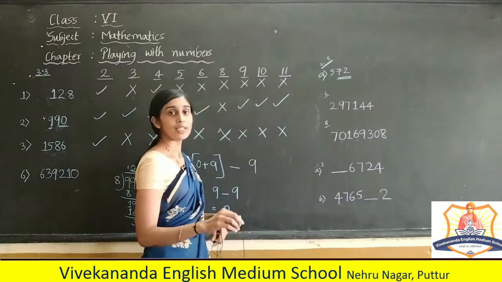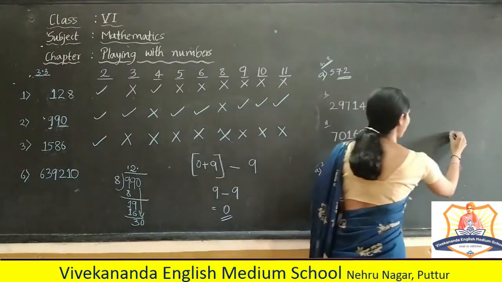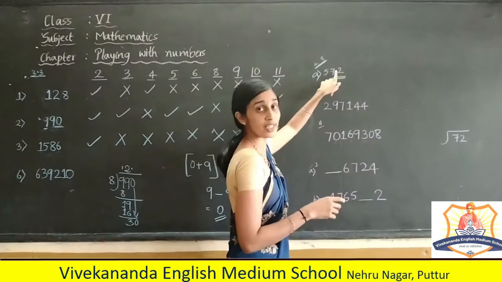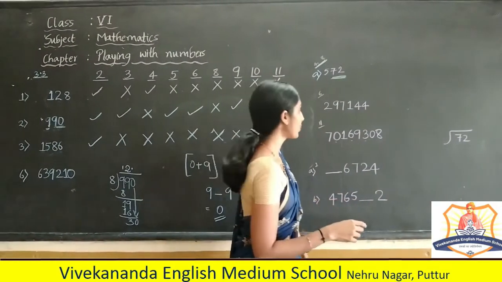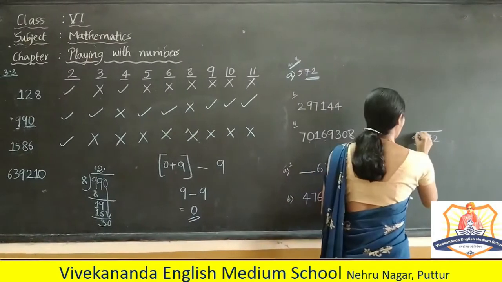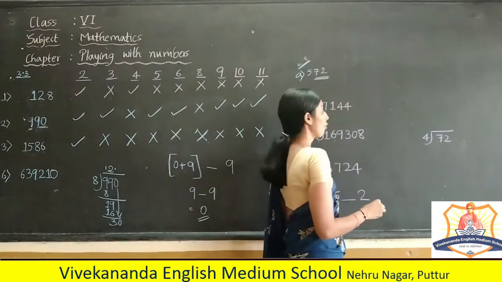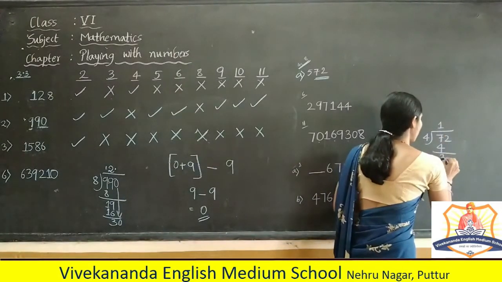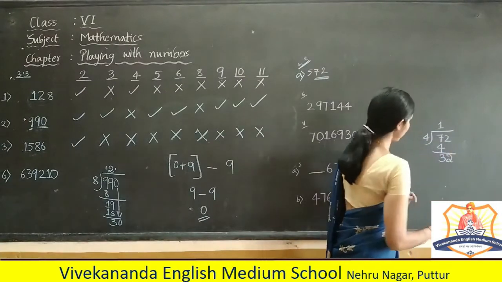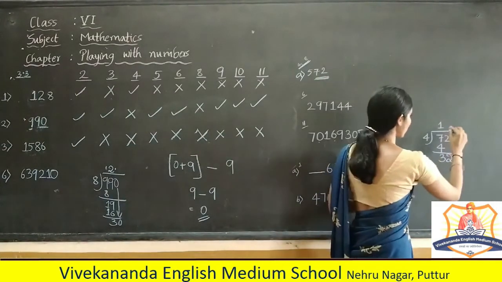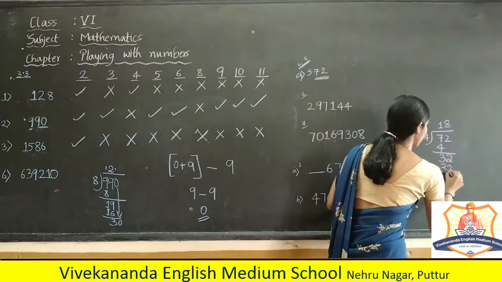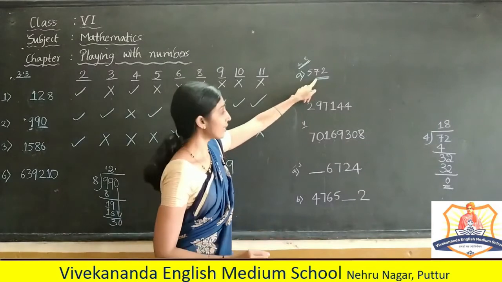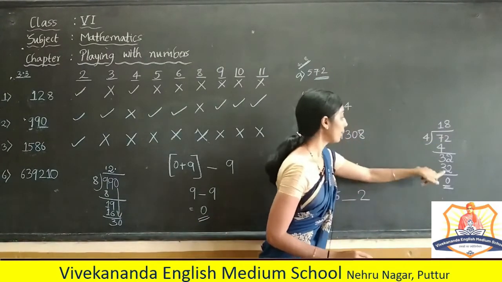Here, 72. Whether 72 is divisible by 4, let us check it by actual division. We are checking only the digit in the unit place and the digit in the tens place, to see if that is enough to check divisibility by 4, right? So 4 ones are 4, 3, 2. Here, by this method, the remainder is 0.